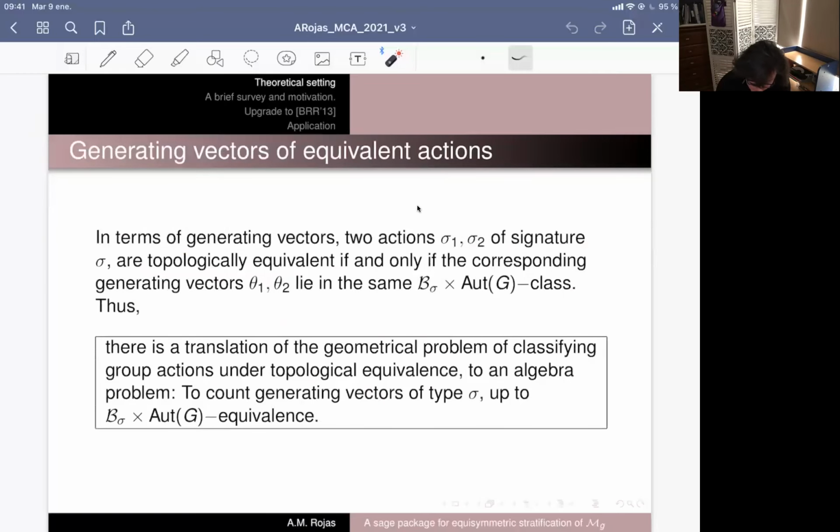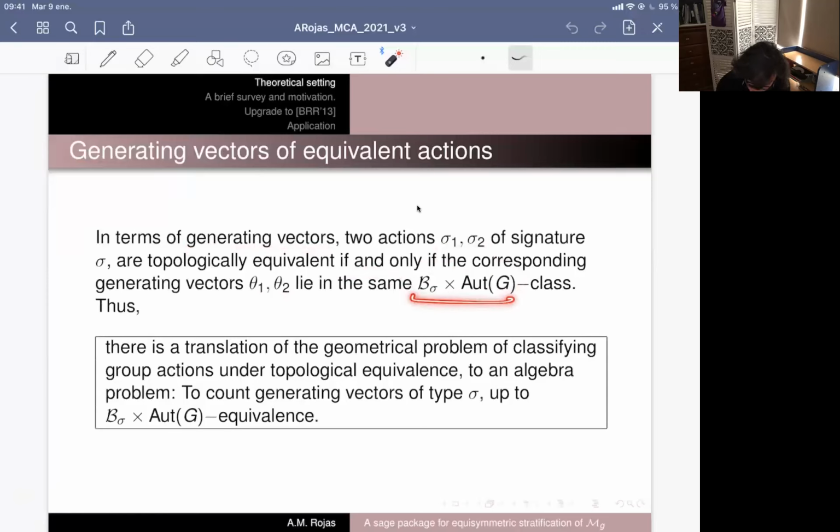So we need to translate that to the setting of generating vectors. In terms of generating vectors, two actions of the same signature are topologically equivalent if and only if the corresponding generating vectors lie in the same class under this action over the set of all possible generating vectors.